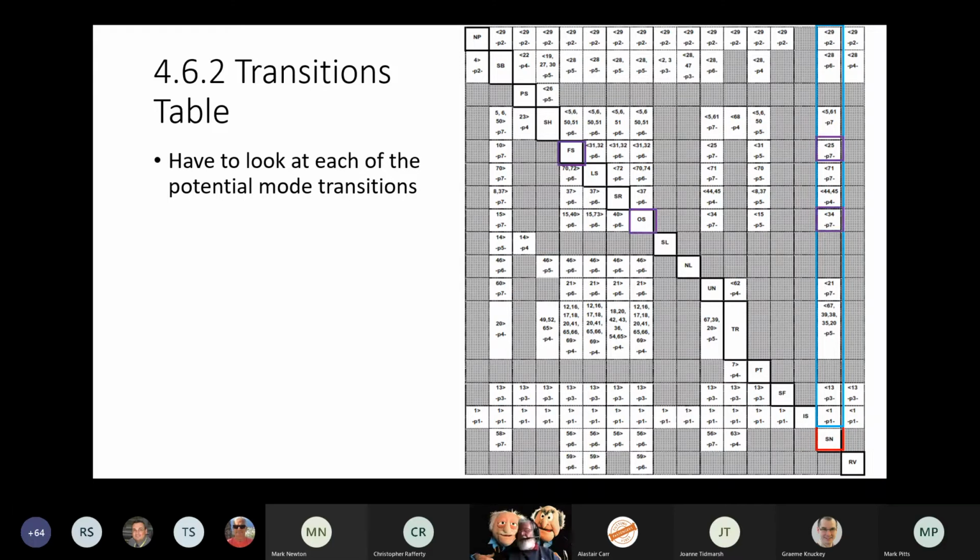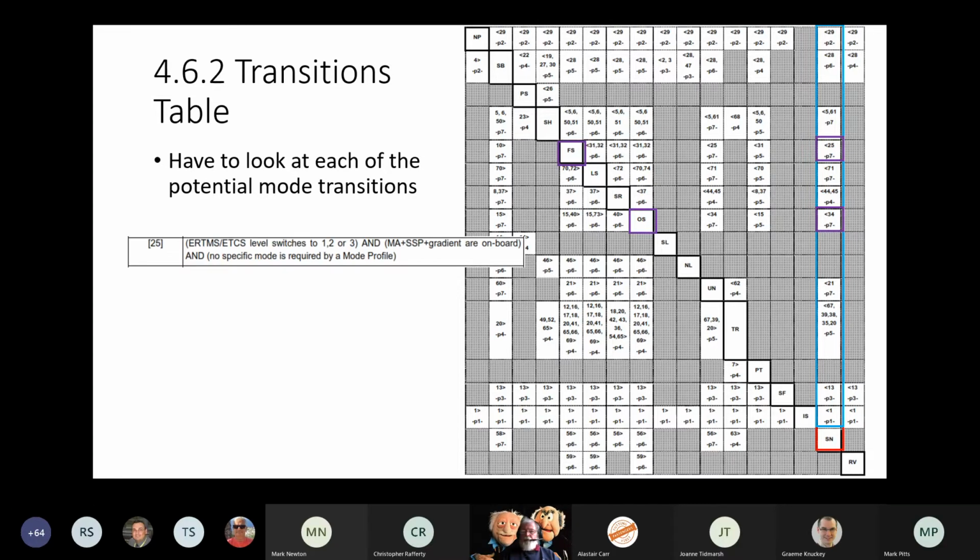So let's start with FS, full supervision, highlighted in purple, and on-sight, the modes that have a movement authority associated with them. And the 2 purple boxes within the blue vertical line tell us that there are conditions 25 and 34 which dictate whether we go to FS or to OS. So to go to FS, we switch to levels 1, 2, or 3.